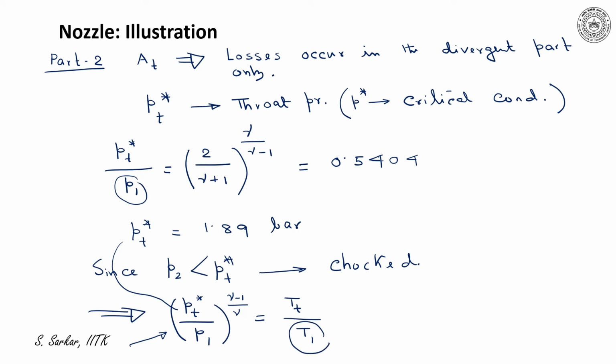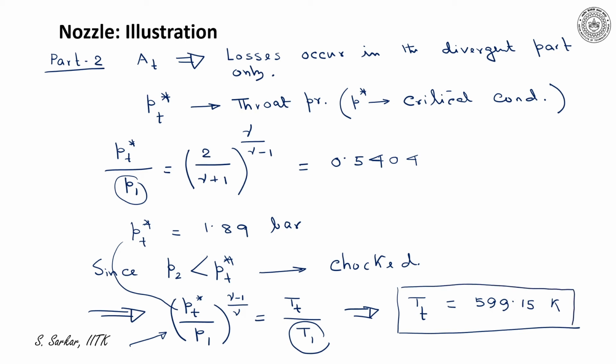So everything is known, so I can evaluate TT, that is temperature at the throat, which is coming as 599.15 Kelvin. So I have evaluated temperature at throat. You are requested to check all the calculations.